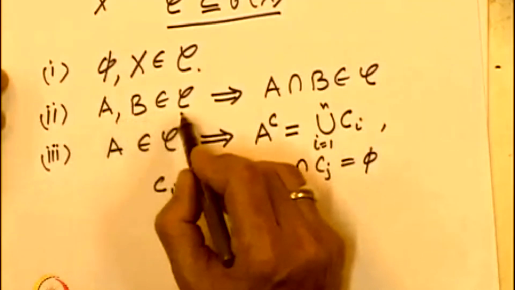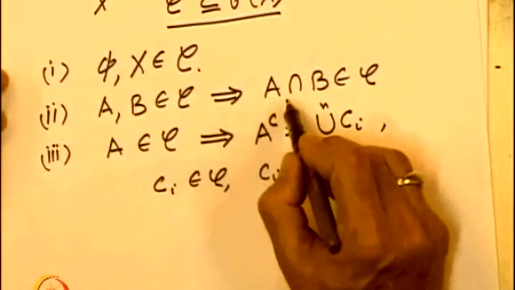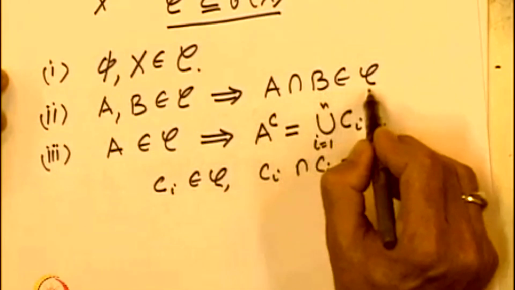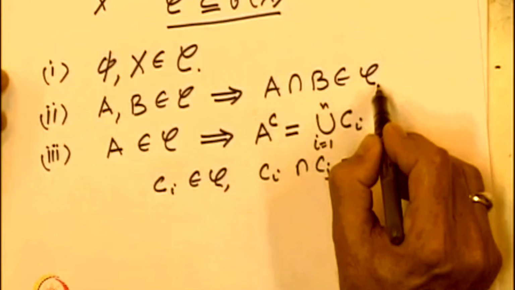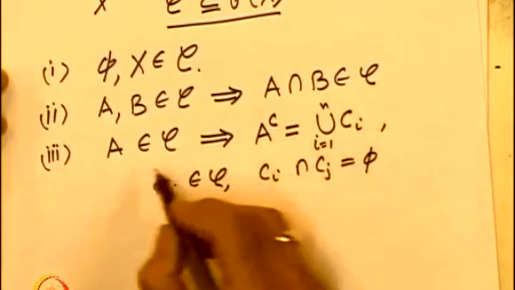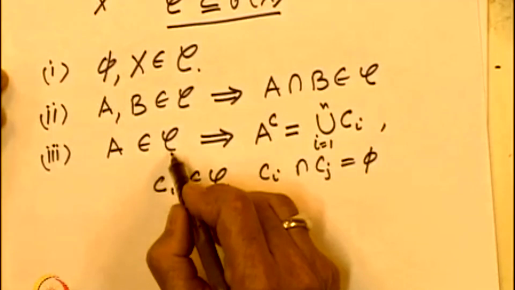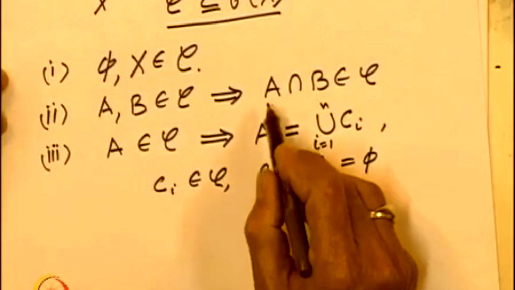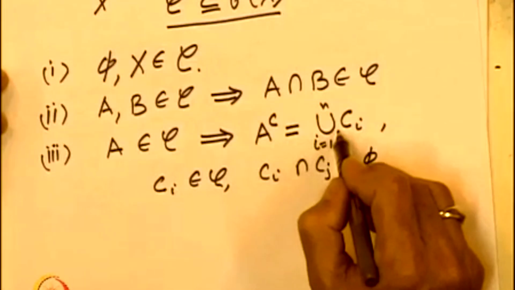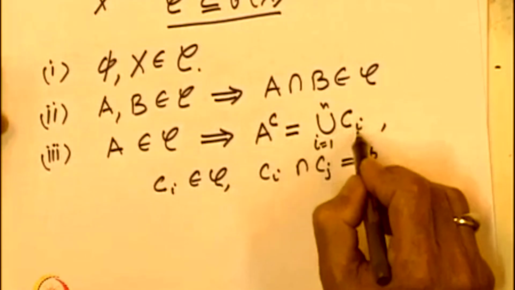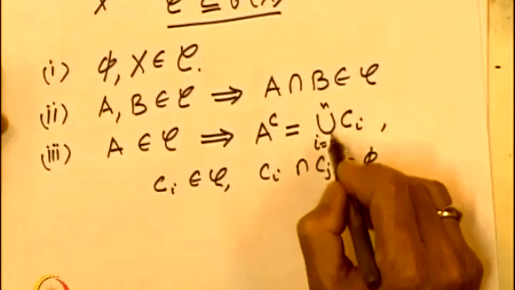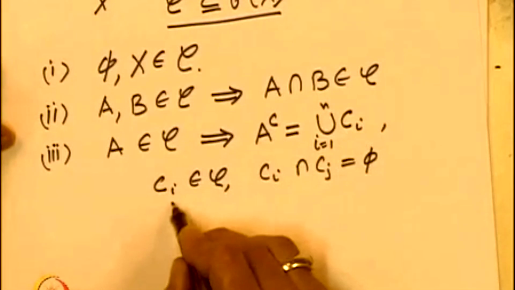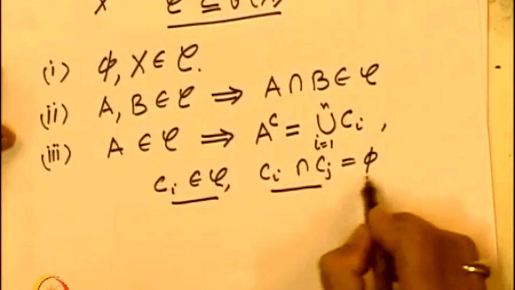Second, if A and B belong to it, then the intersection A intersection B is also an element of this collection C. And the third property is, if A is an element of C, then A complement, the complement of this set in X of course, should be representable as a union of Ci's, i equal to 1 to n, where these Ci's are elements of C and they are pairwise disjoint.